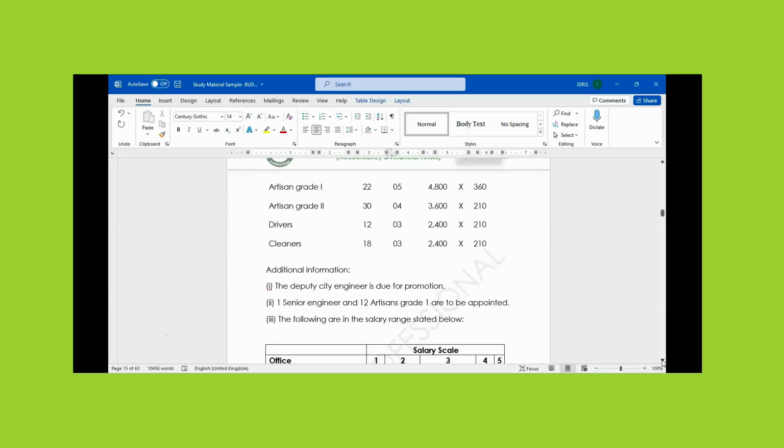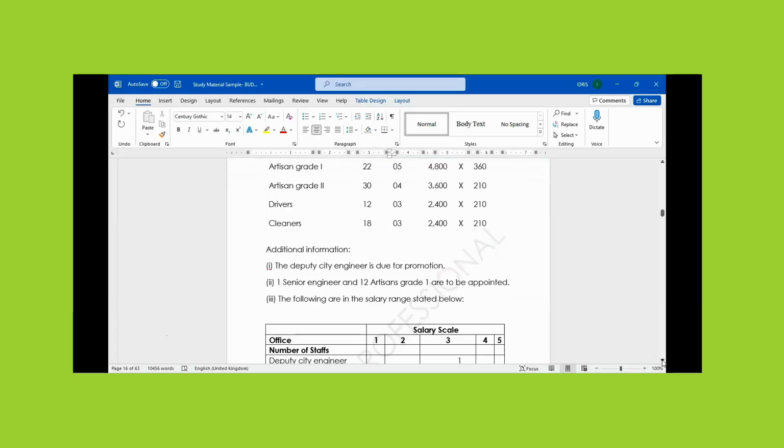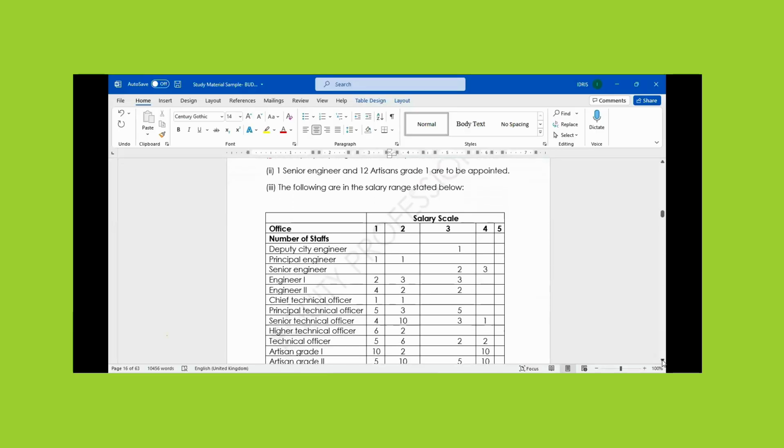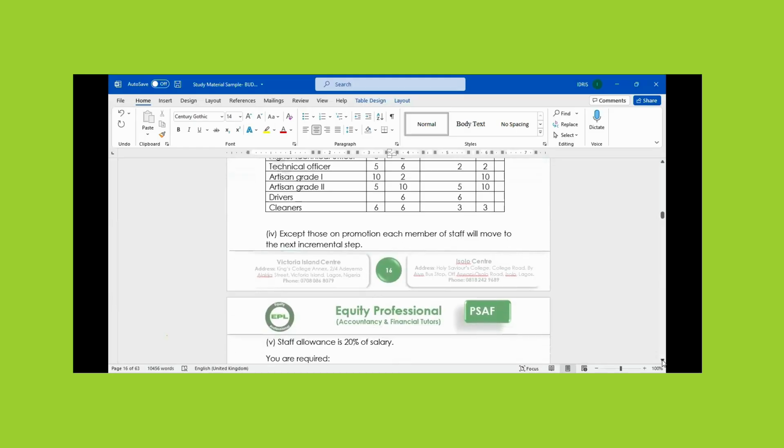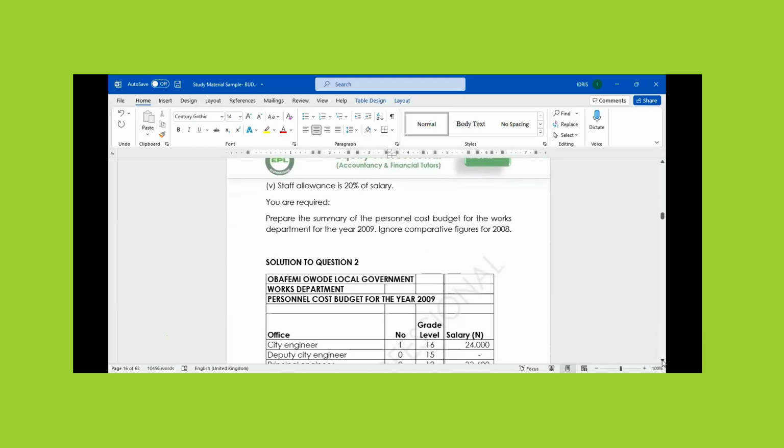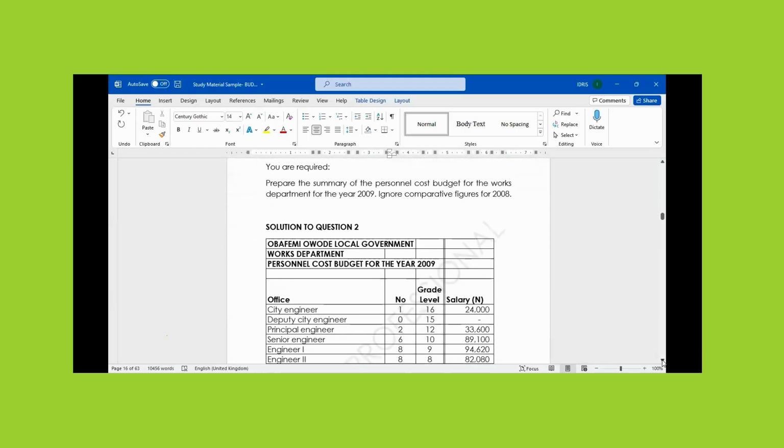So the examiner did not tell us. That means while solving this question, in the solution you just write deputy city engineer, number of staff 0, grade level 15, salary nil.